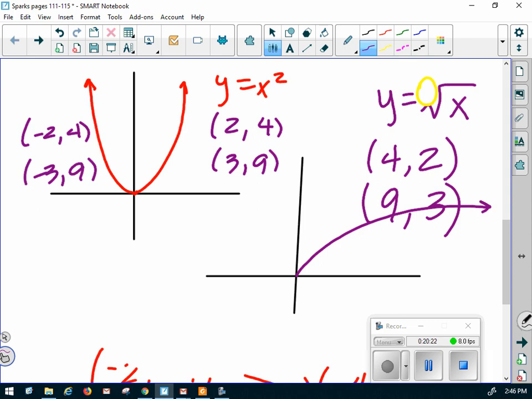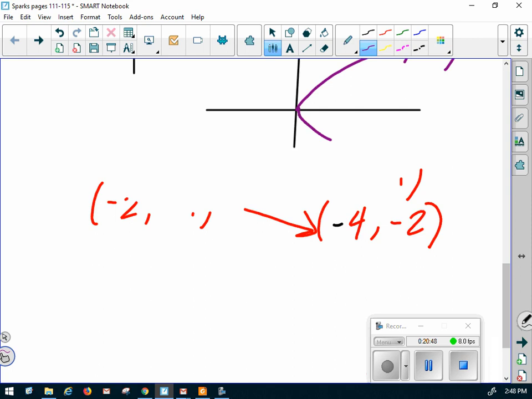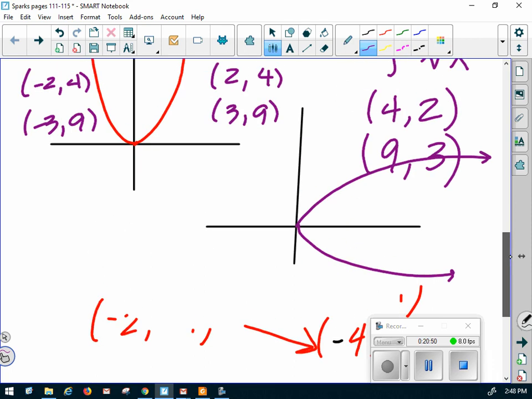You cannot have an inverse that's not a function. So here's the deal. Because y equals x squared is not 1-to-1, its inverse would not be a function. The true inverse of that would really be all of this, wouldn't it? And that's not a function.